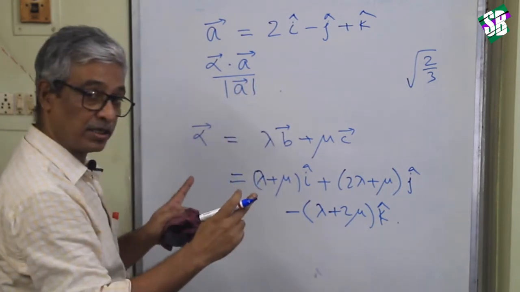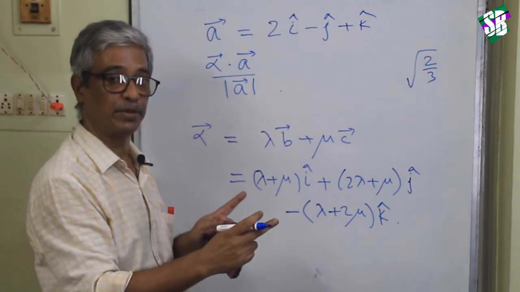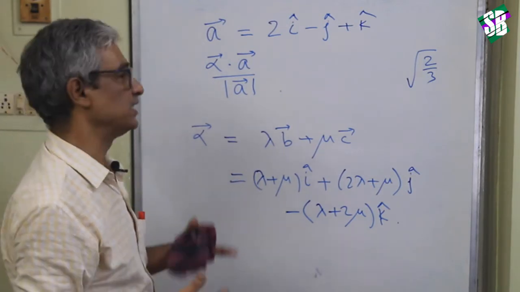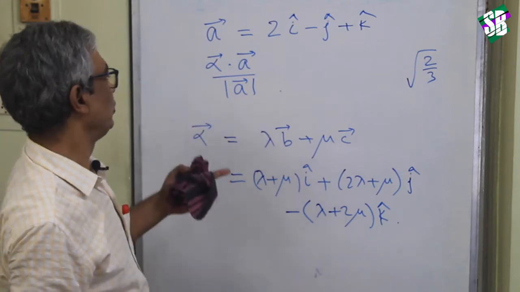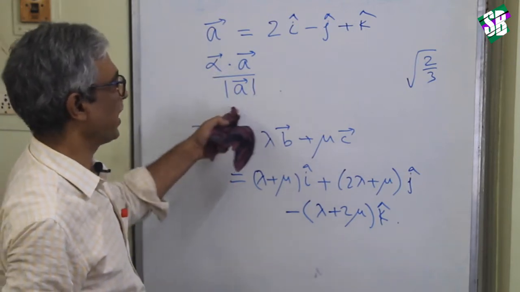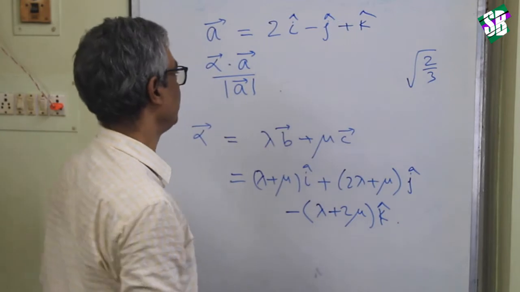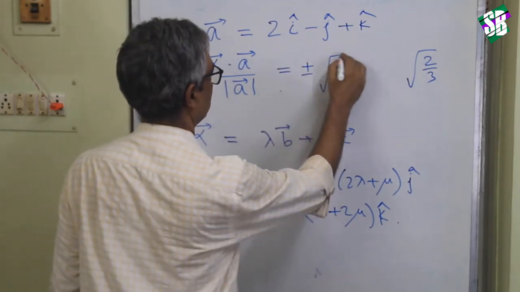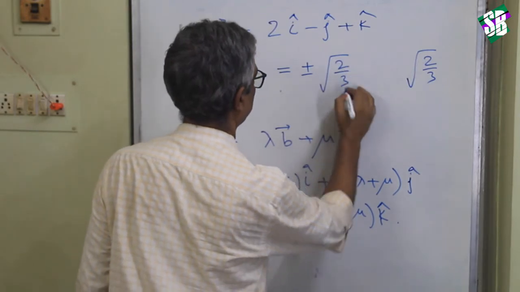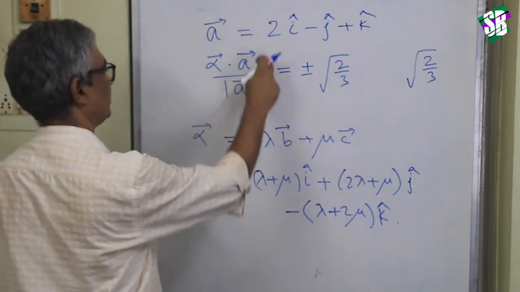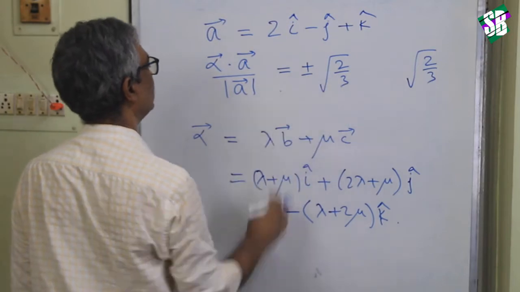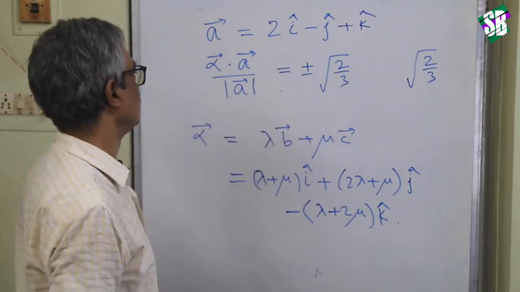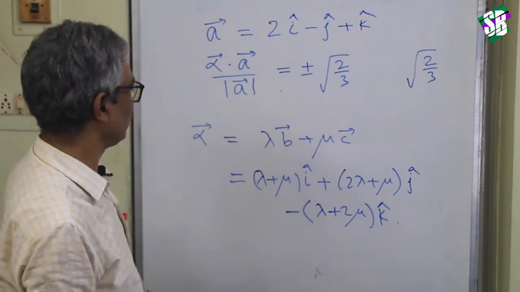That length may be negative or positive, and here you are told it has magnitude root over 2 by 3. This means it is plus minus root over 2 by 3, or you can write mod of this equals root over 2 by 3. So remove the mod to get this. Now find this out.